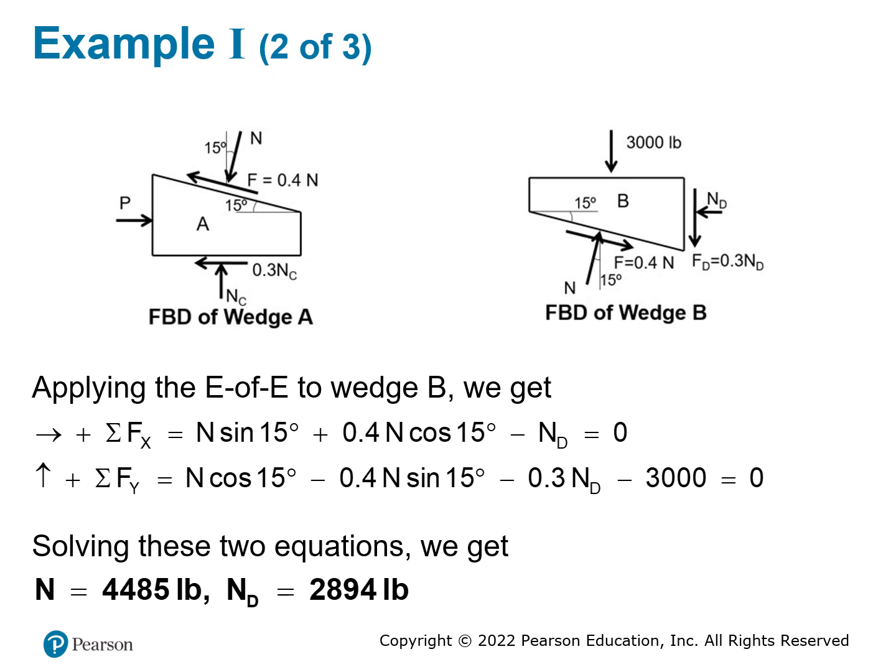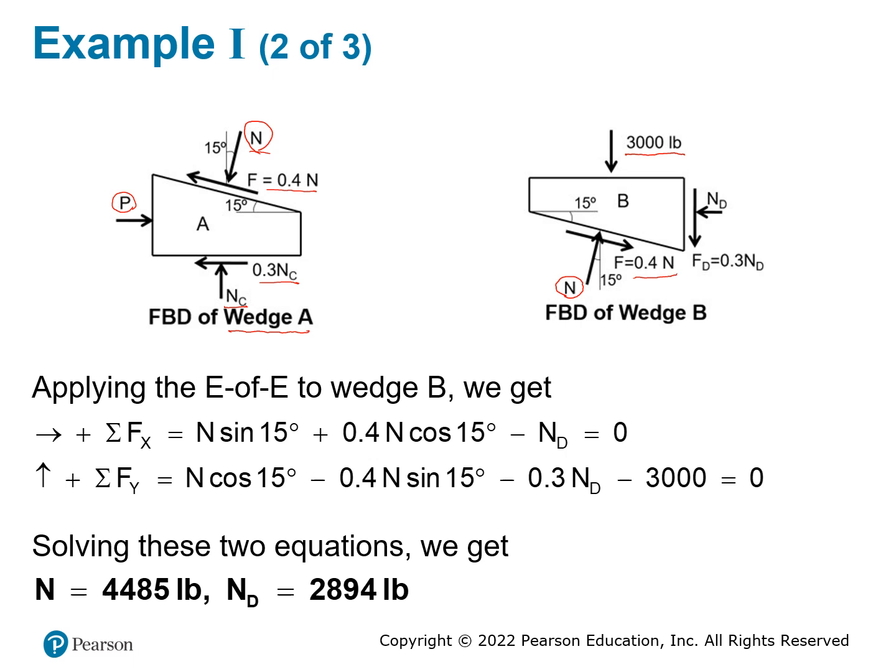If you look at the wedge A, you have a normal force from the ground, friction force between ground and the wedge, friction force between two wedges, and normal force that pushes from the top, and the push force P here, which is something that we try to find. On the second part, which is the top wedge, you have a load from the top, 3,000 pounds. You have a normal force between the blocks, and these two are going to be the same because they are action and reaction. Friction force is going to be the same.